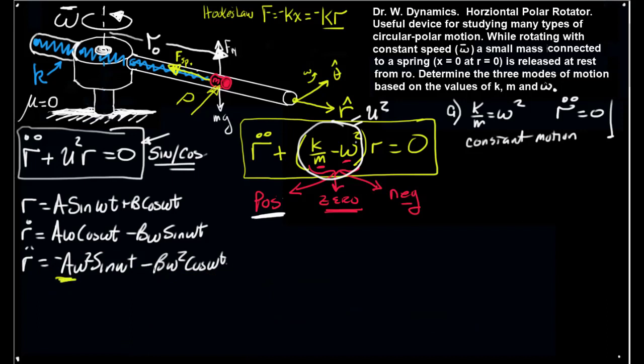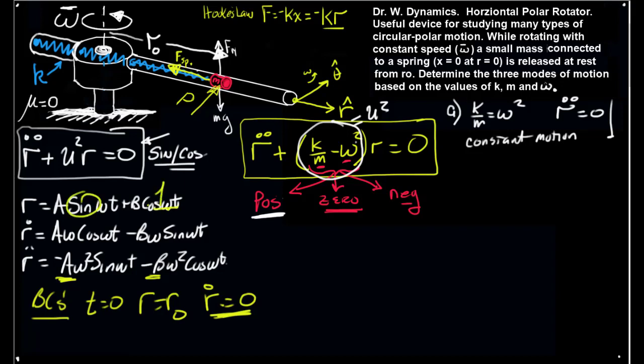Next we need to find A and B, and we can do that with boundary conditions, which are that at t equal to 0, R was R0, and R dot was 0. It was released from rest. If we plug those in, cosine of 0 is 1, sine of 0 is 0, and we find that B is equal to R0.